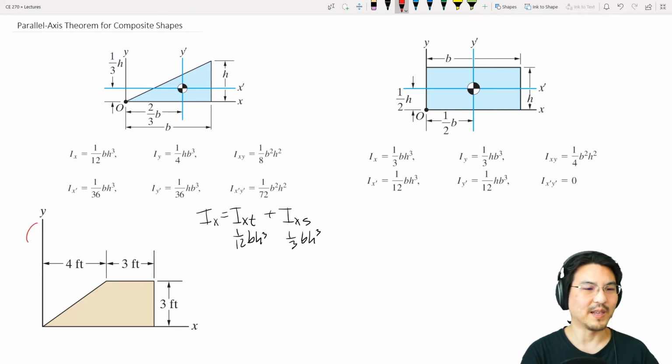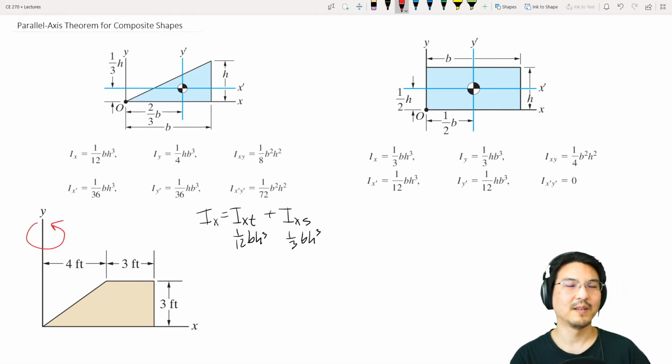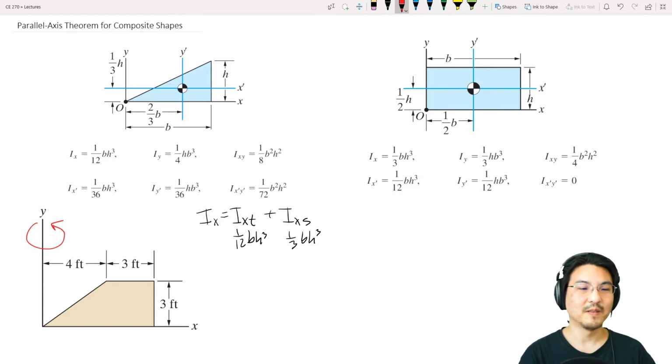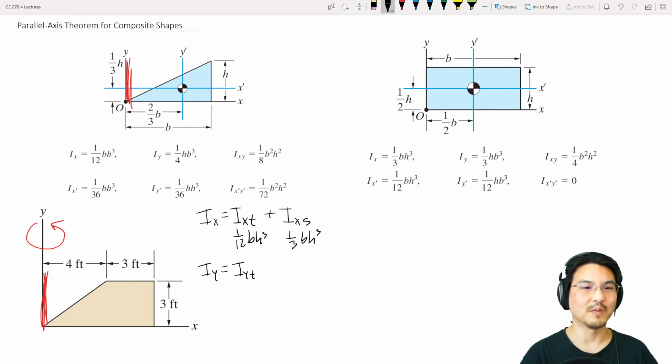So that's like rotating it about here. So for the triangle, rotating about the y-axis is just like how it looks in the appendix. So about y, for the triangle, we know it, it's right here, 1/4 hb cubed. Okay, now for the square.